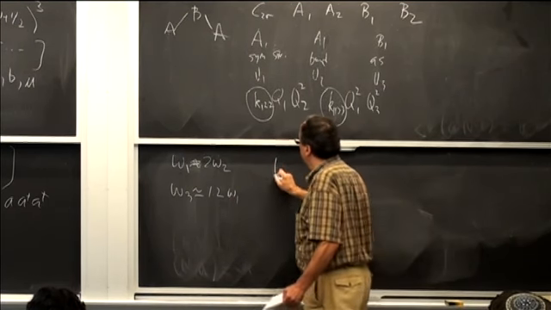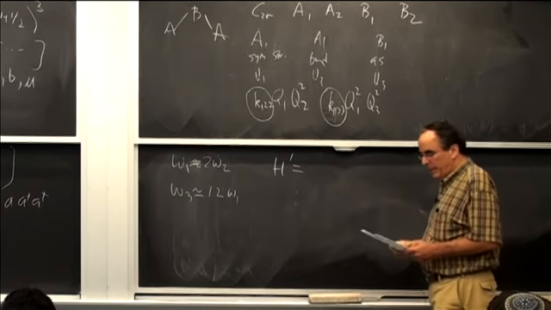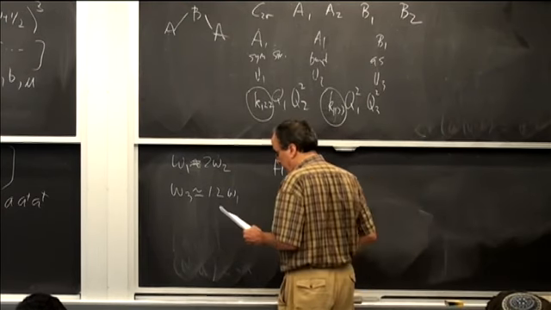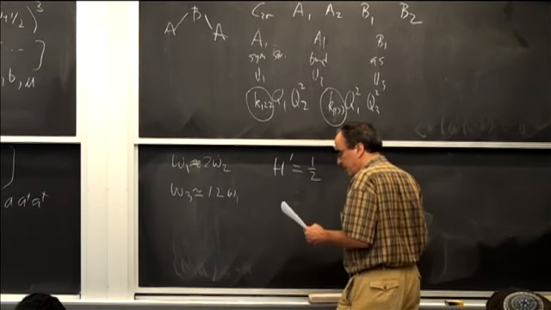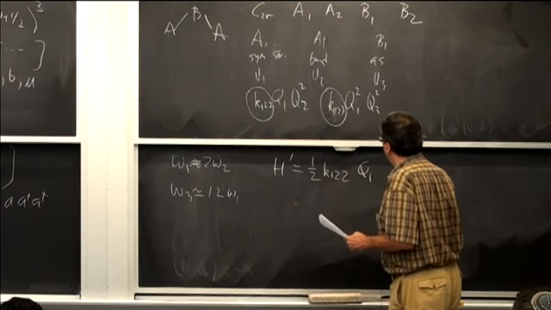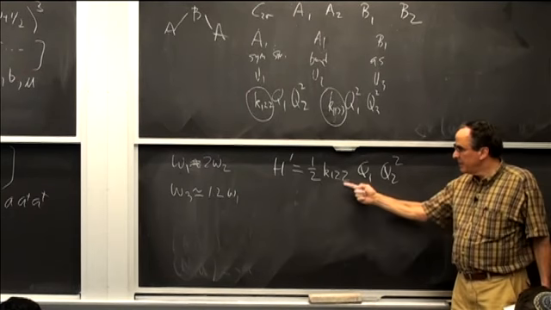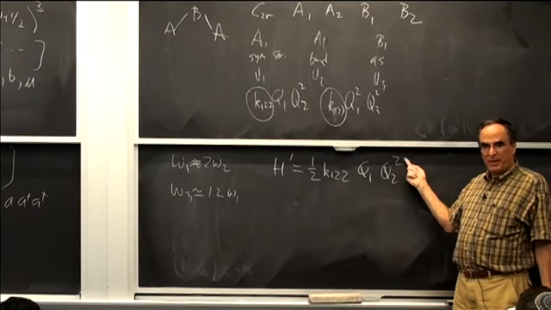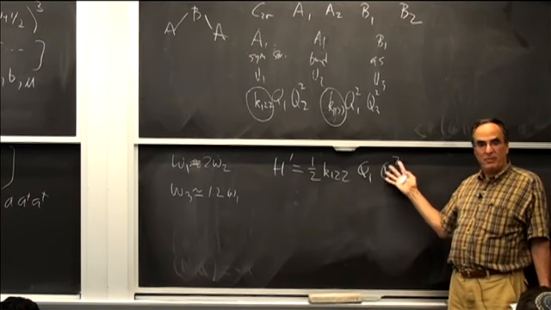So let us write the perturbation term. The perturbation term contains terms like this: K122, Q1, Q2 squared. This just tells you what exponents to write up here. And as soon as you know what exponents to write up here, you know the matrix elements.